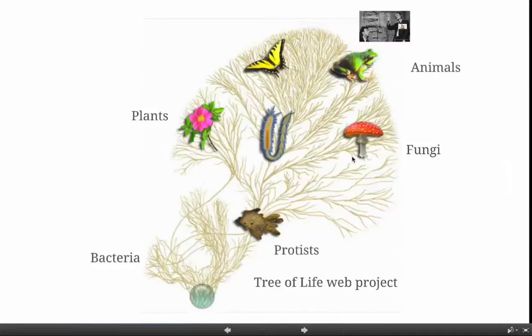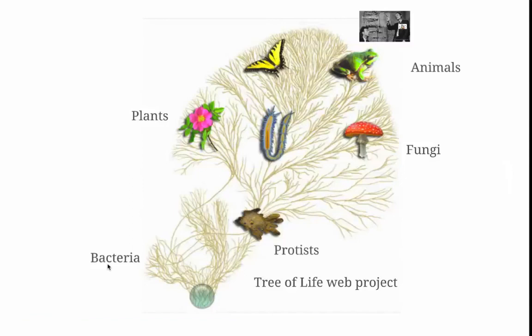And we have other types of life like fungi, mushrooms, or plants, or protists. Protists are single-celled organisms, or bacteria, another single-celled organism, but a different type of single-celled organism. So we'll talk about the differences between these different forms of life in our next video.